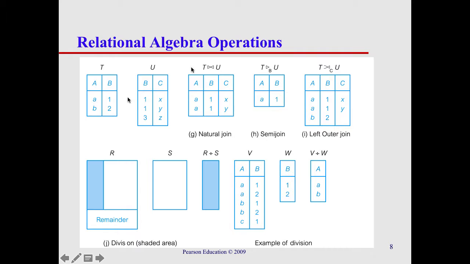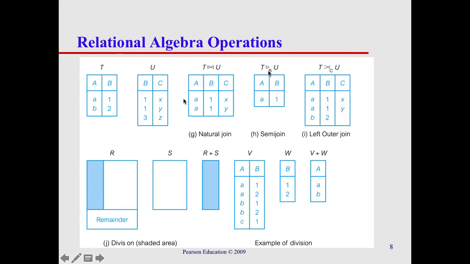So here's T and U. This is a symbol for a join. It looks like a little bow tie. We'll see that there are different types of joins. In this case, it's an equijoin, so it's being done on the common column. As you can see, it eliminates one of the two common columns.